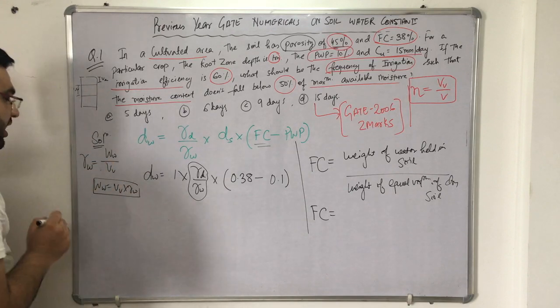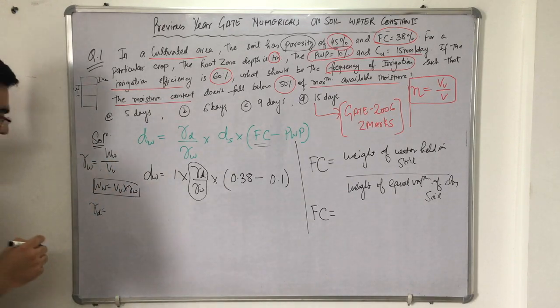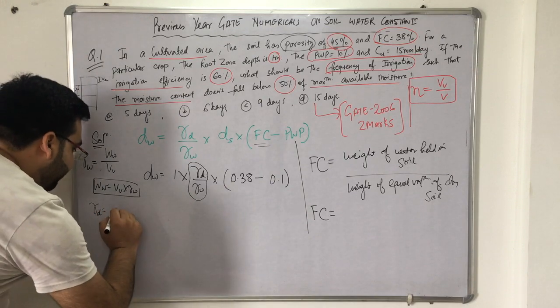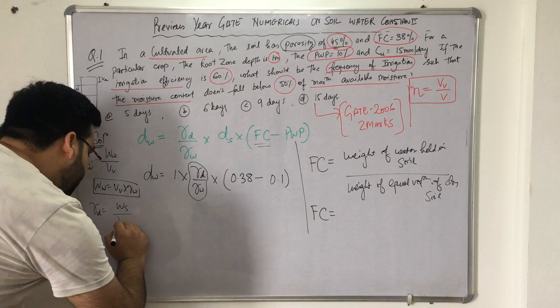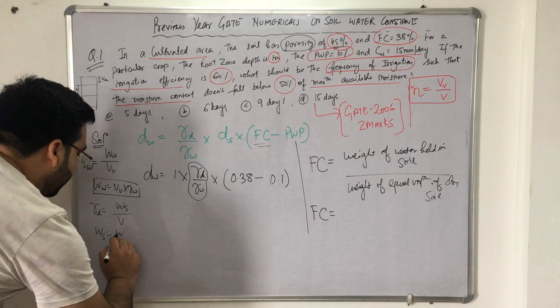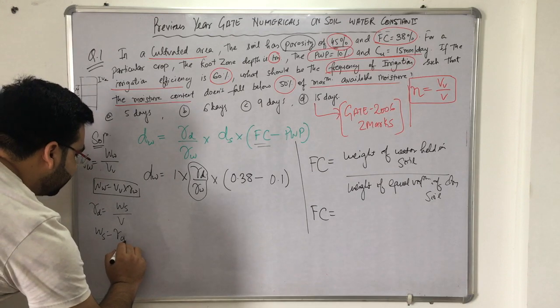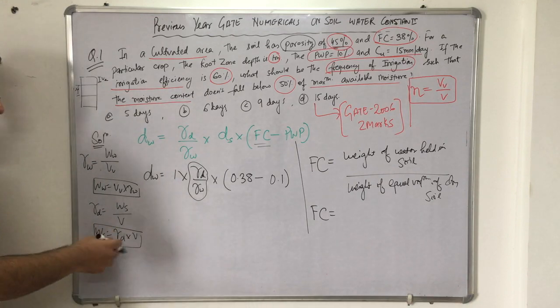And you know that the dry density gamma d is given by weight of solids divided by the total volume, so the weight of solids will be equal to gamma d multiplied by the total volume.